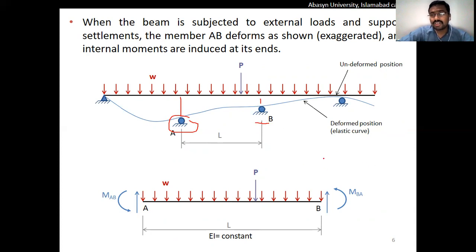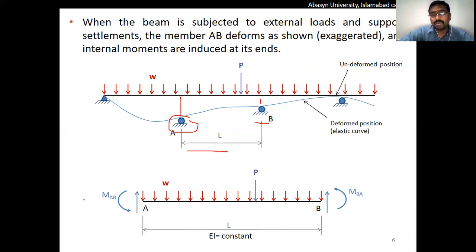So this method is applied span by span. The slope and deflection equation can initially be applied to one span only. Considering again the span A to B having a length of L, let's check the different moments occurring on the member.